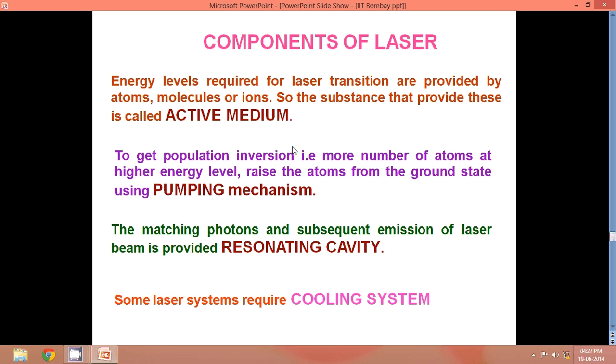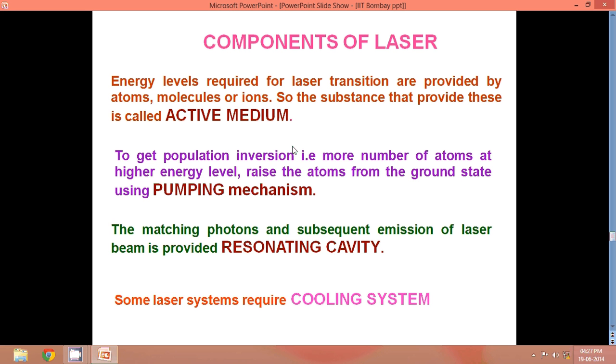The substance that provides these atoms, molecules is called active medium. In the active medium, you may have a host material and an active center. The active center really participates in lasing action.